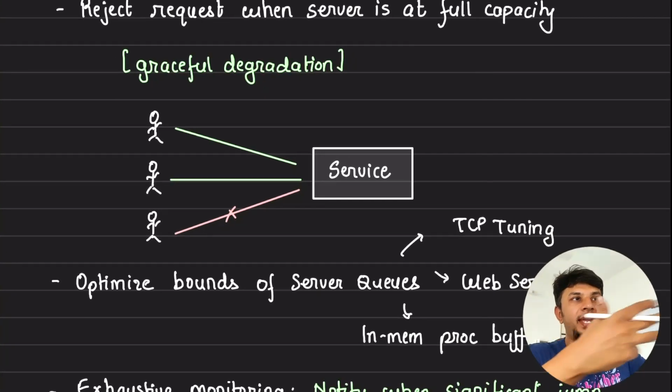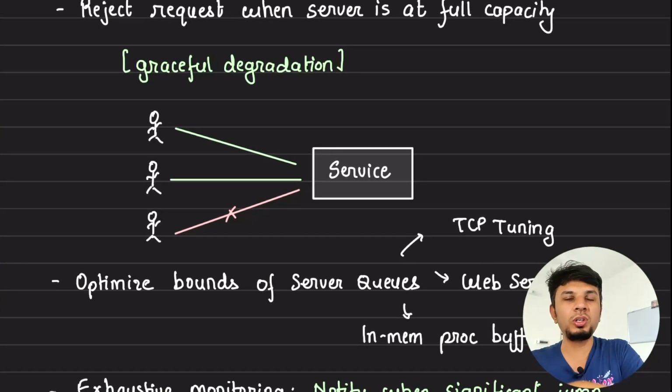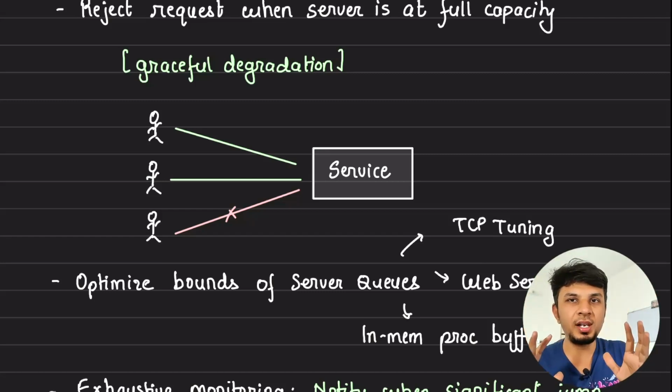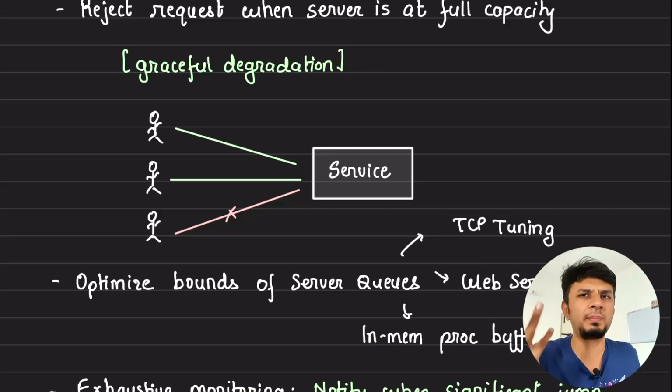Instead of accepting the request and trying to render it, if you know that your server is full, do not accept the request at all and immediately return an error to the user saying, hey, I'm overwhelmed right now. For example, 429, rate limit exceeded. I'm not going to accept this request unless I have the capacity to do it.